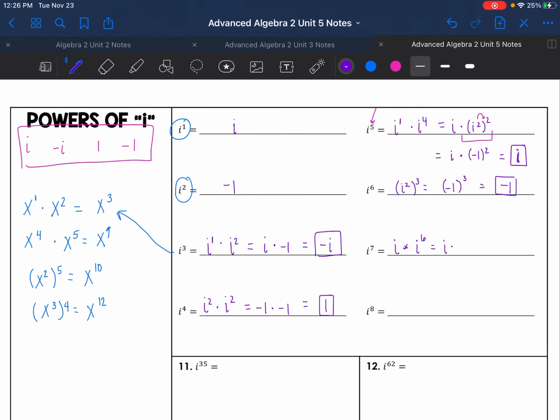Well, i to the 6th, I'm going to write it like this: i squared cubed. This would be i times -1 cubed. We know that -1 cubed is -1. So i times -1 is -i.